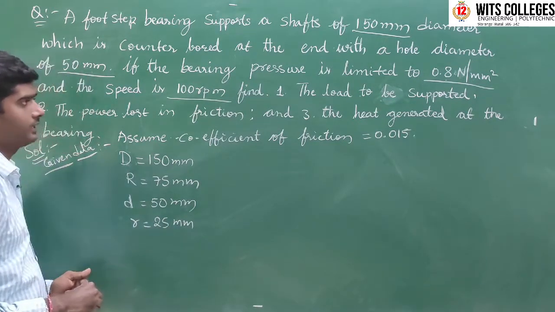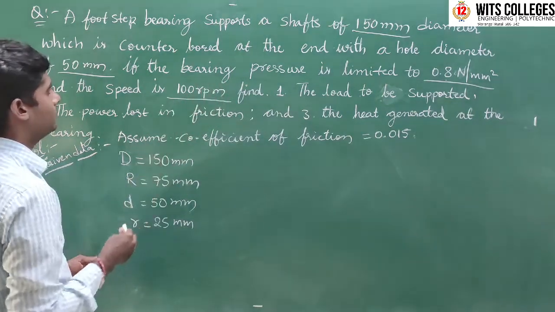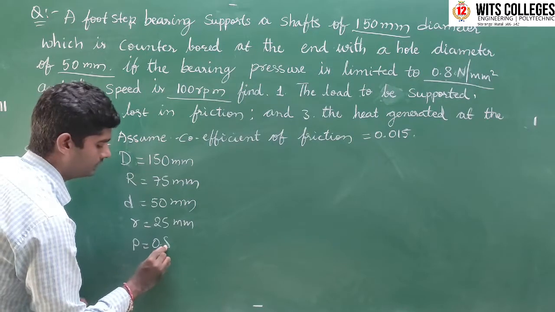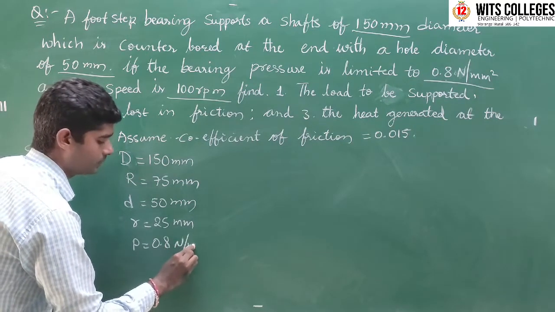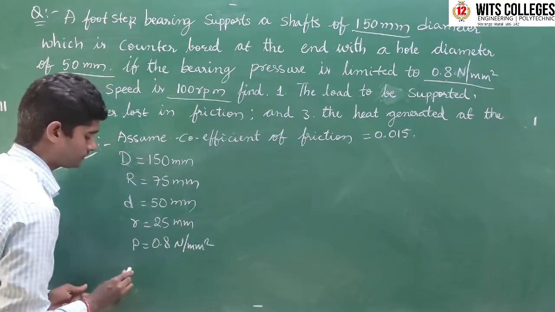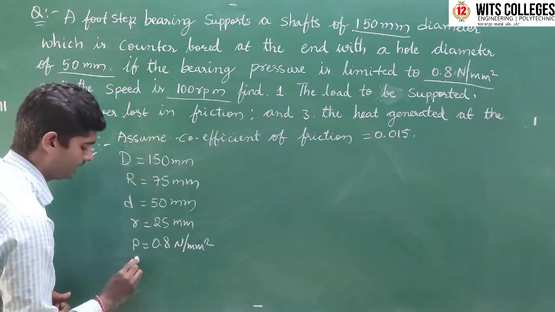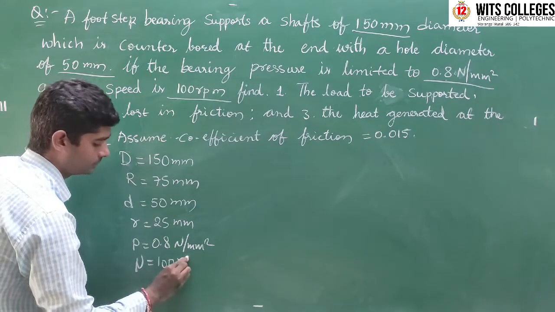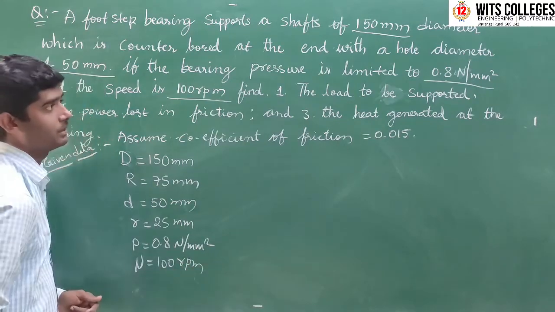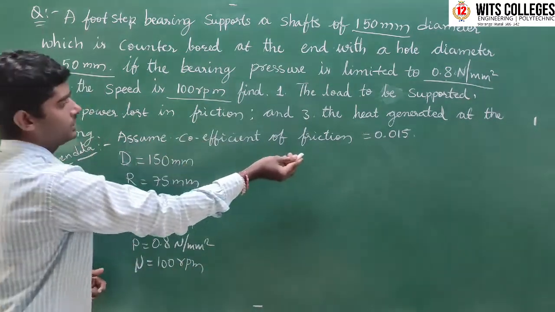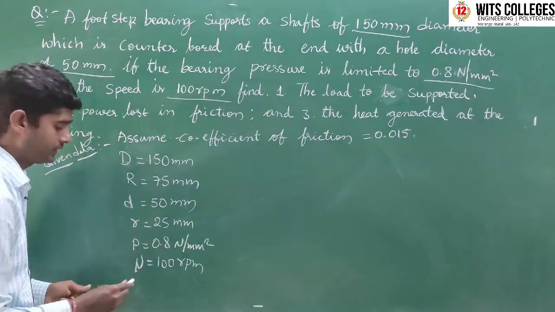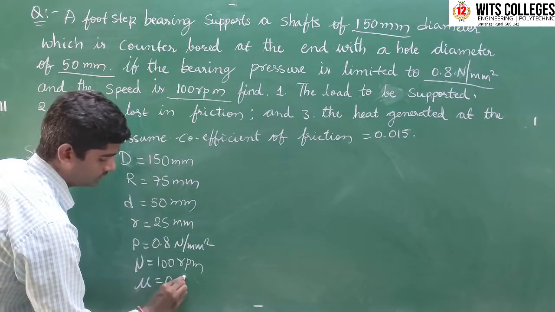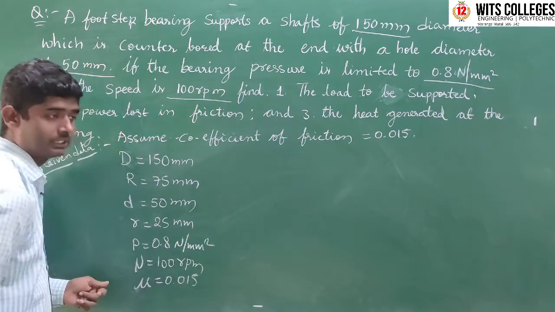Pressure p is equal to 0.8 Newton per mm square. Speed N is 100 rpm. Coefficient of friction mu is equal to 0.015. This is our given data.